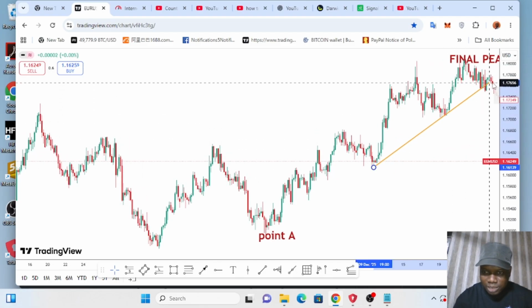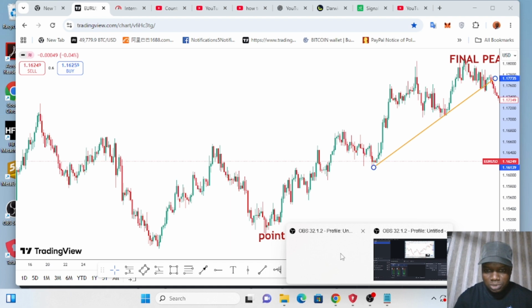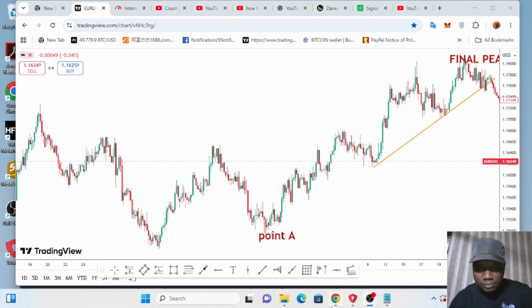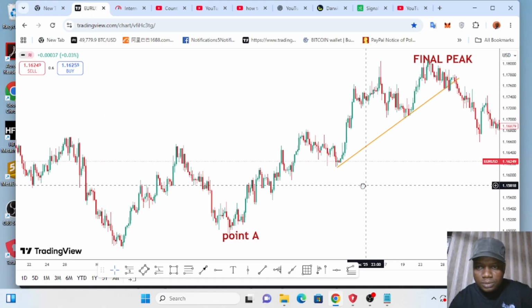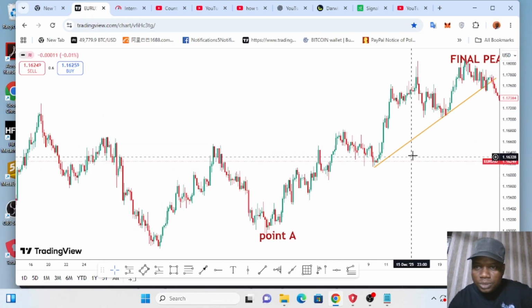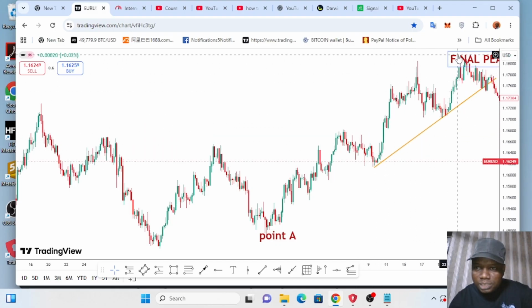So two connecting points: first structure, break of structure, second one.